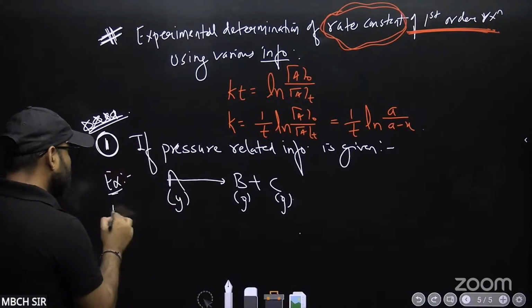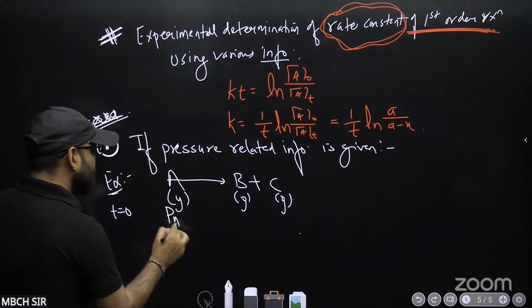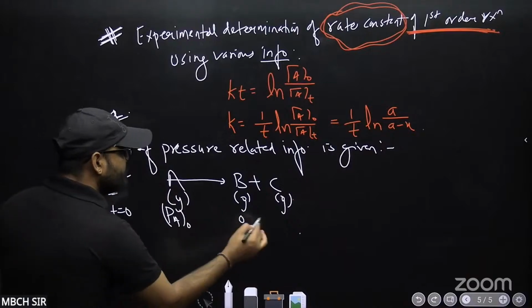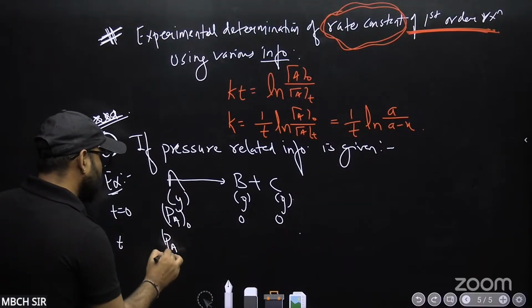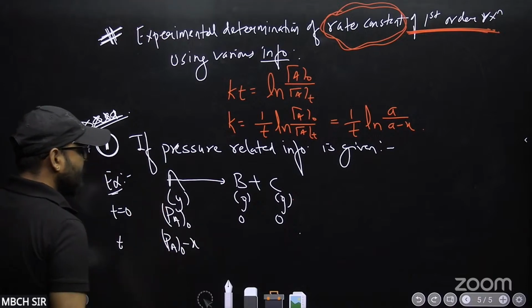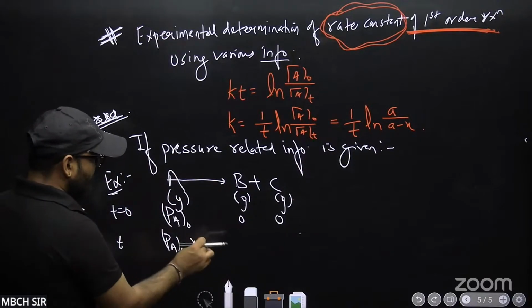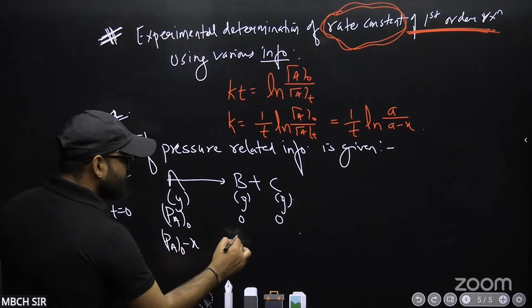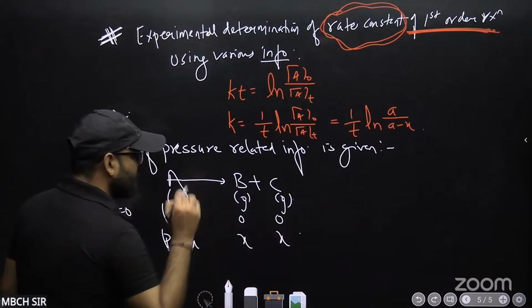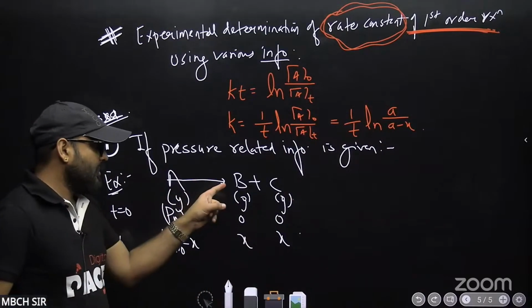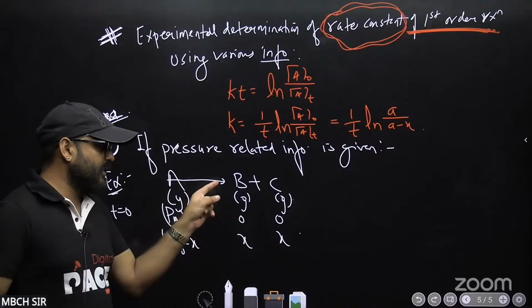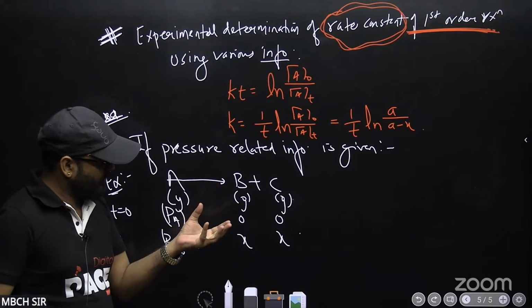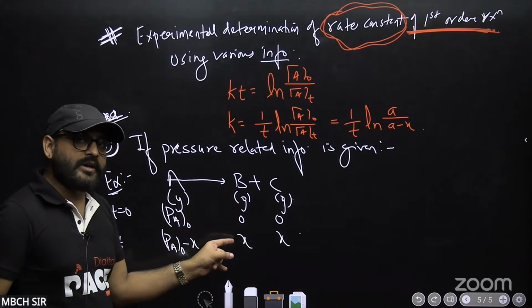Now at t equals to 0, its pressure is, let's say, Pa naught. This is 0, this is 0. At given time t, A's pressure is Pa naught minus x. So B's pressure will be x and C's pressure will be x. If 2 was the stoichiometric coefficient of B, then here it will be 2x.